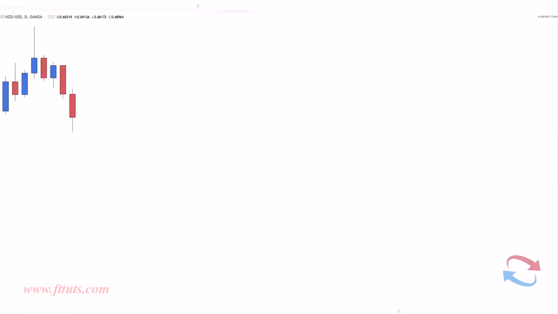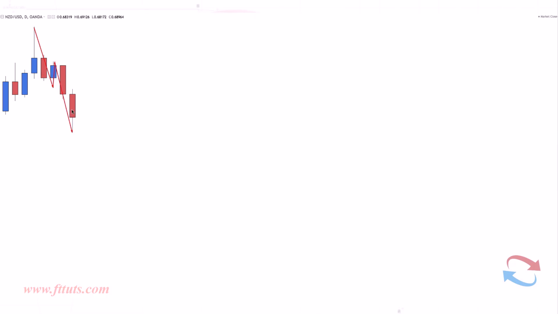So let's look at supply on a candlestick chart, on a daily chart, using the New Zealand dollar US dollar. Now, what we have here, if I get my pencil, is a high, and then we have a pullback, and then we have a sequence.